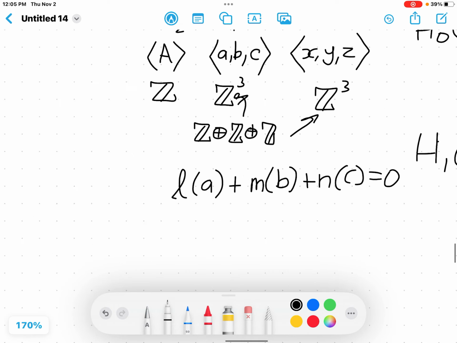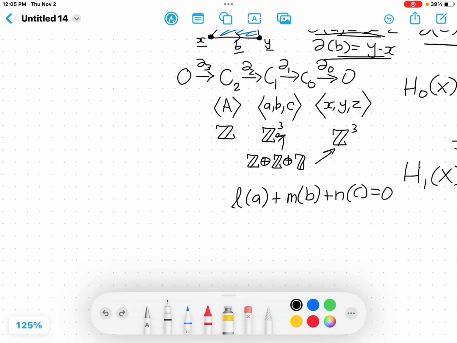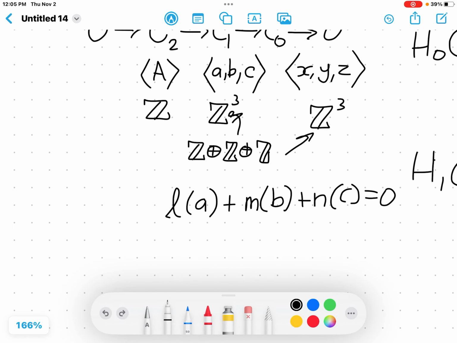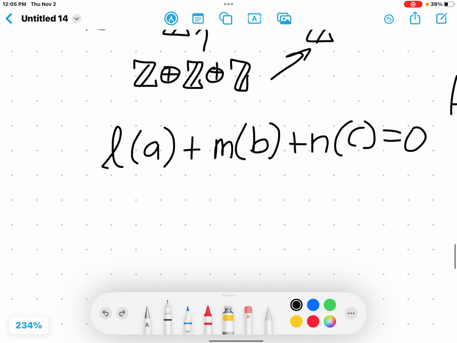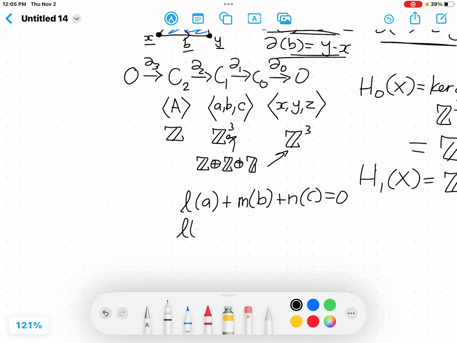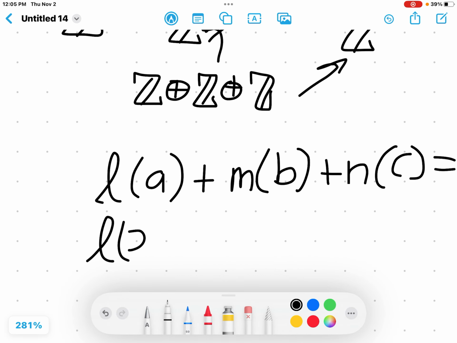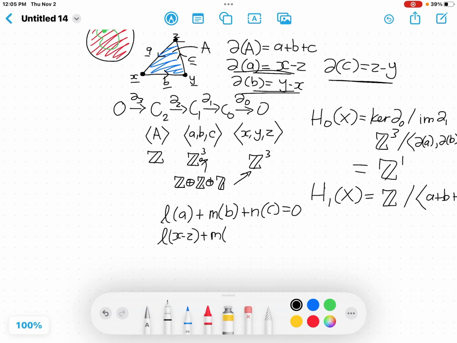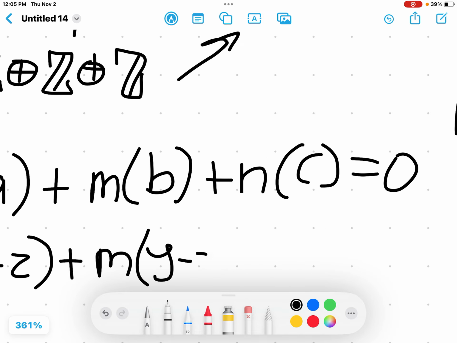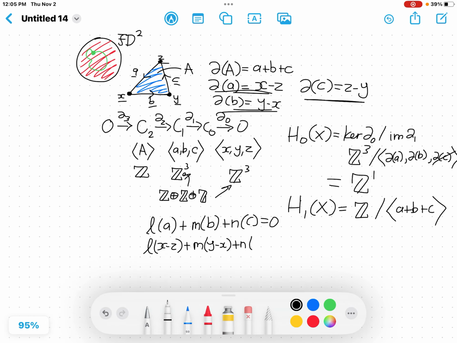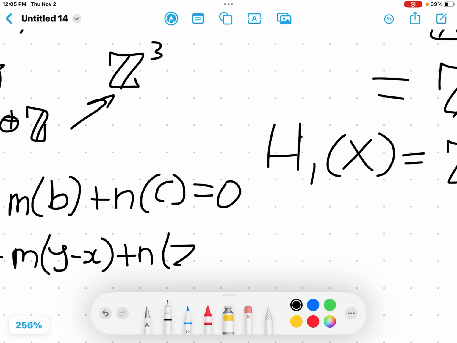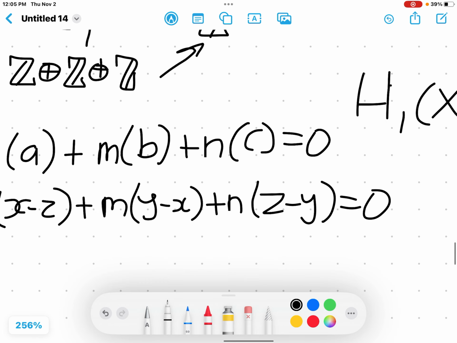It's set to 0. So these are the images of my a, b, and c, right? And so I want it such that it's 0. So this is L of, okay, what's a in this sense? It is x minus z, plus m times y minus x, plus n times z minus y, and that's equal to 0.